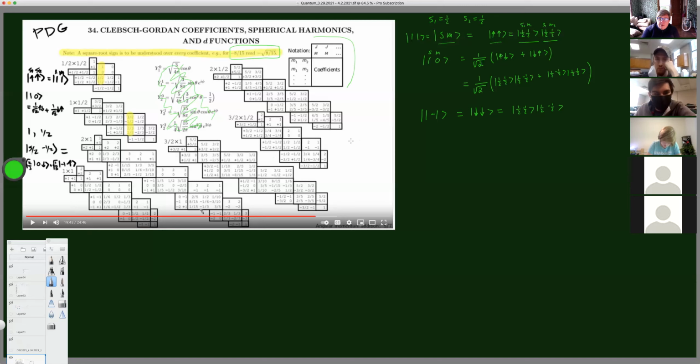So remember, when you want to know what your total S is going to be, your total S is going to be S1 plus S2, S1 plus S2 minus 1, S1 plus S2 minus 2, dot, dot, dot, until you get to 0, and then you're done, including 0. Okay.